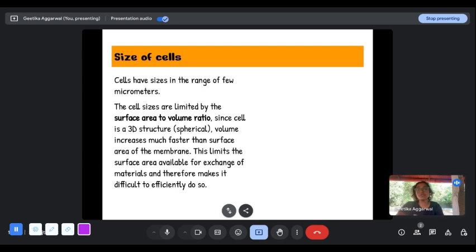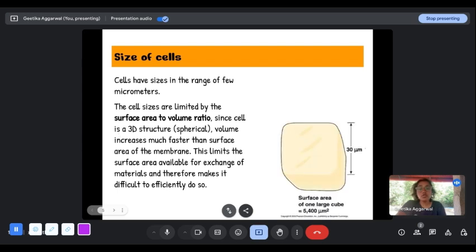If you look at a cell, it's a 3D structure, so you can imagine it as a sphere. You might already be aware that for a sphere, the volume increases much faster than the surface area of the outer membrane. So this surface area to volume ratio limits the surface area available for the exchange of materials in and out of the cell, making it difficult for a cell with a huge volume and a small surface area.